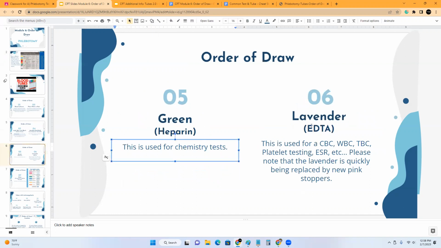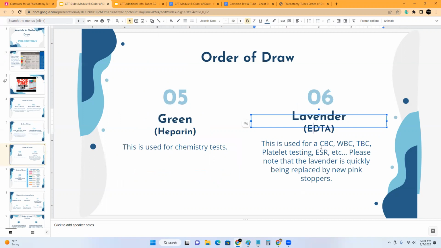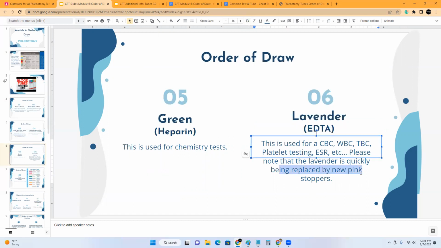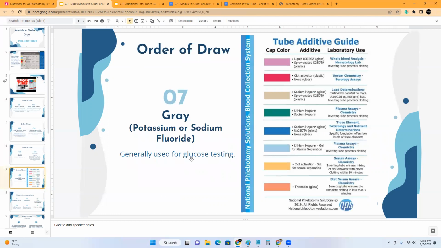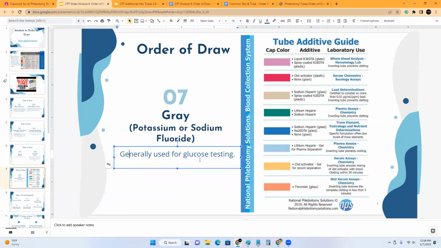Lavender would then come next, which is your EDTAs. Those are for complete blood counts and all of that stuff. The lavender is actually kind of an anticoagulant versus a coagulant. These lavender tubes are also being replaced by pink tubes pretty soon. The gray or potassium or sodium fluoride tubes are usually for glucose testing, and those are last.